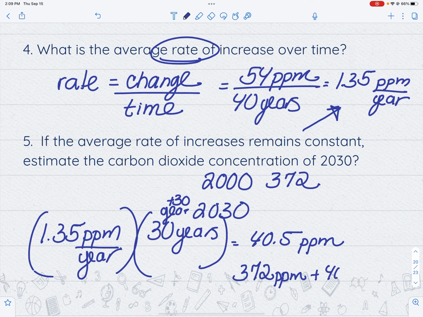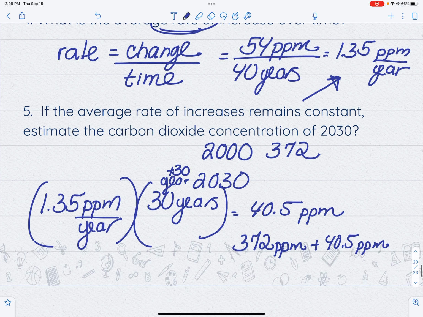I would add that 40.5 ppm, that would be the additional carbon dioxide added, and what does that come out to be? 412.5. So if the concentration increases at the same rate, then in the year 2030, the carbon dioxide concentration in the atmosphere would be 412.